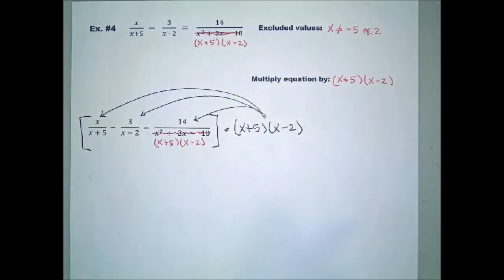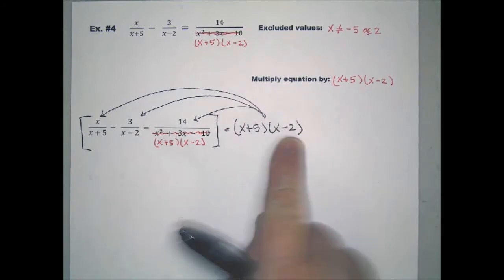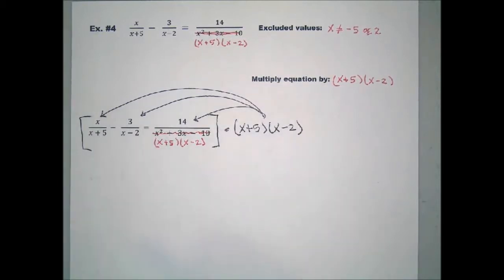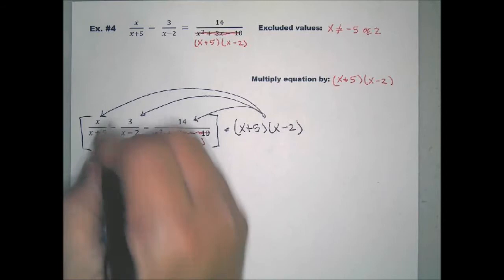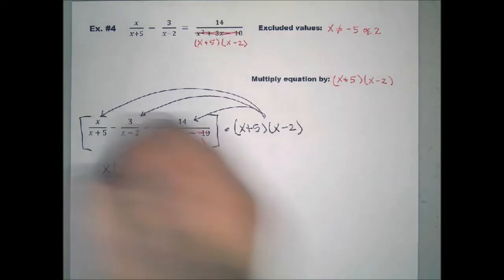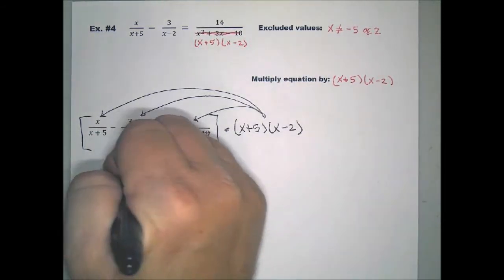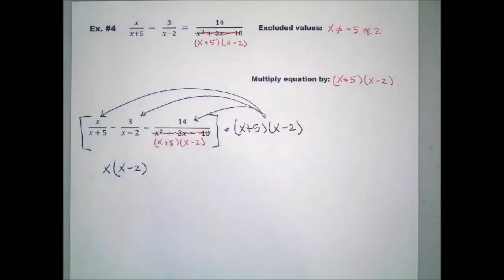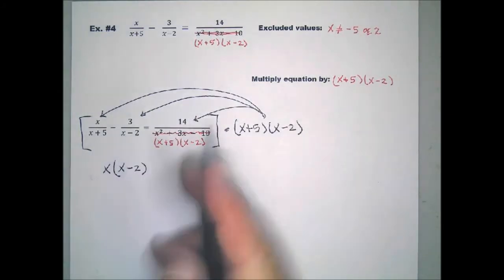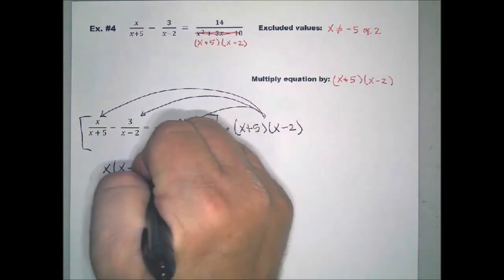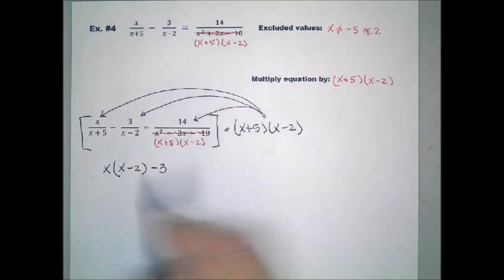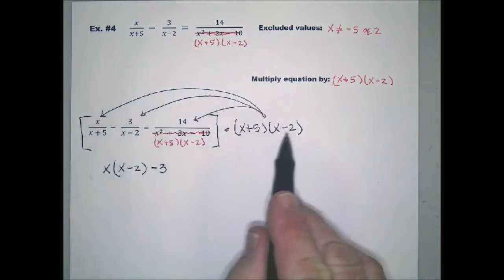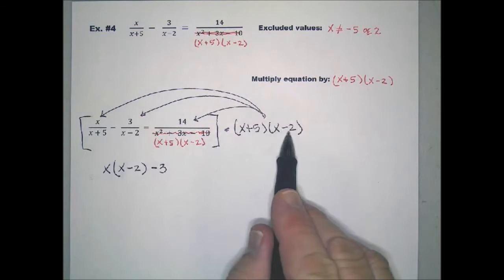Now, we need to figure out when x plus 5, x minus 2 gets distributed to this first fraction. What is it that will cancel? It'll be the x plus 5, leaving just the x minus 2. Now, moving on to the second term. It's minus 3, and on the second term, it's going to be the x minus 2's that cancel.